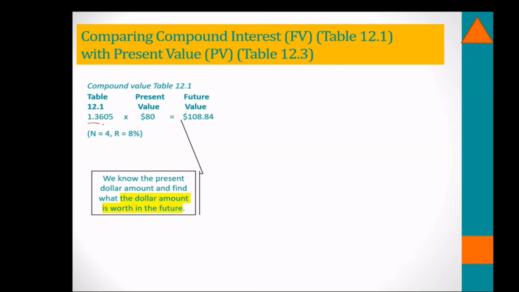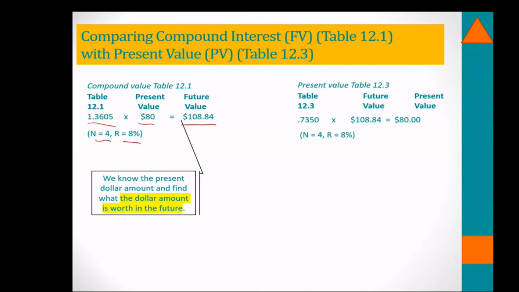This table factor, 1.3, is in N4 and R8. So if I invest $80 now for 4 years at a rate of 8%, I'll get $108.84. How did we find this?